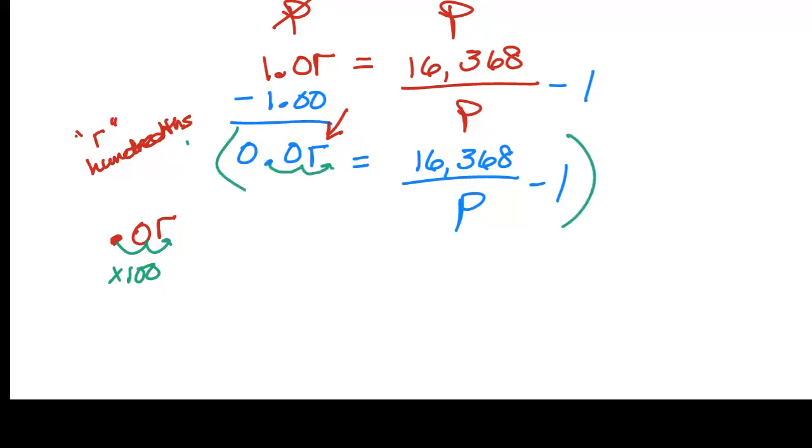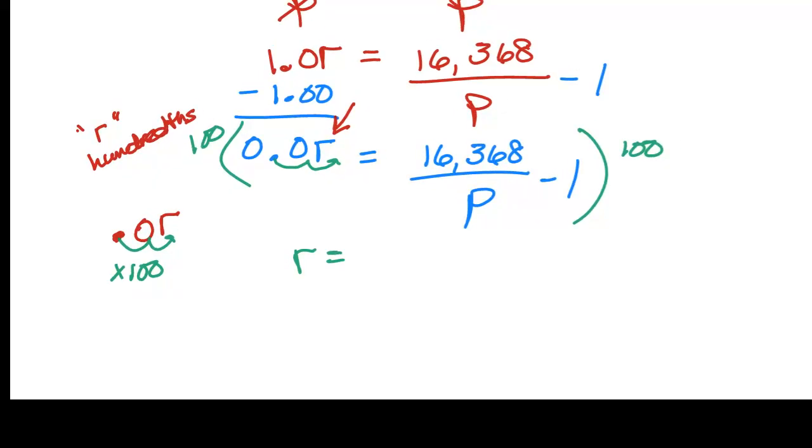So we could put over here, we're going to multiply everything by 100. And when I do that, I get r equals, they're like, oh my gosh, what do we do here? Well, if you have a number and you have an expression over here, what's that D word that we need to use? You need to distribute. What is 100 times that first expression? It's going to be 16368 with 2 zeros because you multiplied by 100.